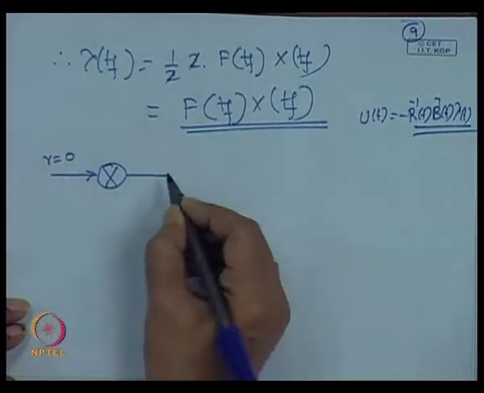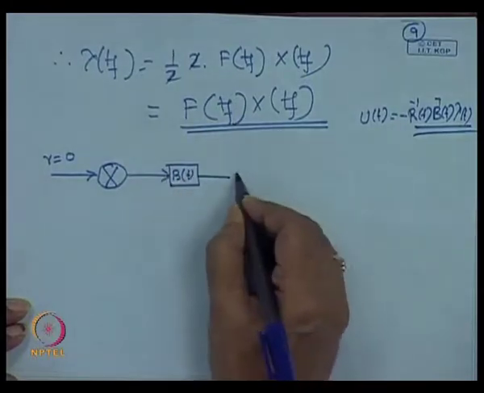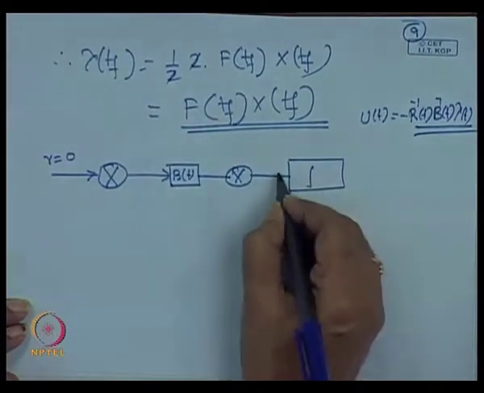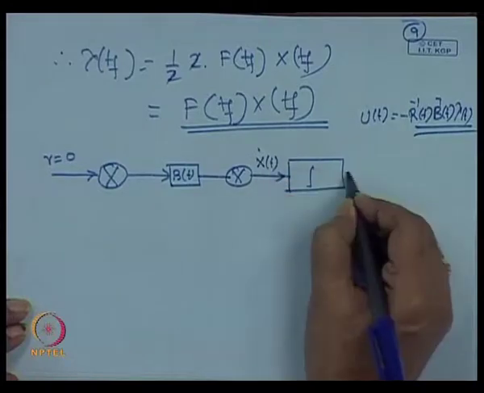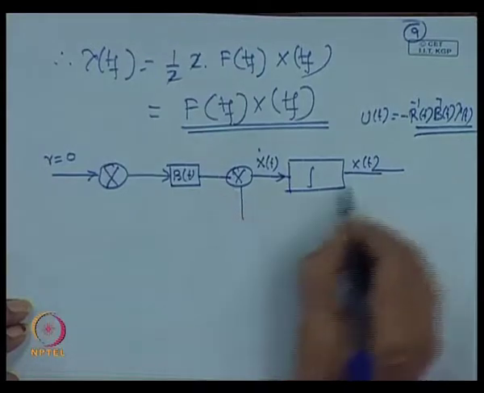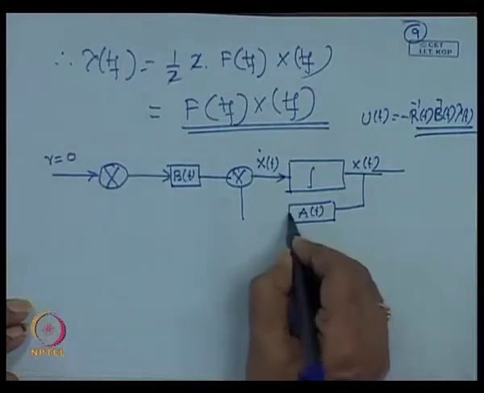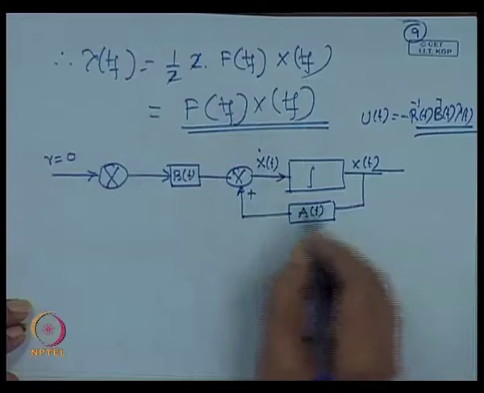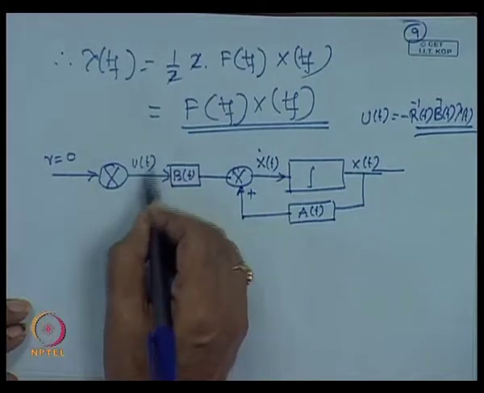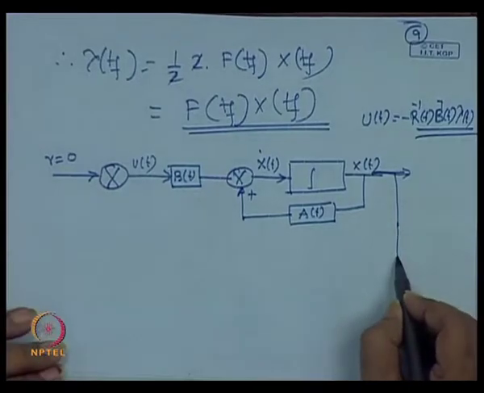This is B of t, this is our summer and this is the integrator, and this is x dot of t, the output is x of t, then this is coming from here the state A of t. If we relate this, x dot is equal to Ax plus Bu, that must be u of t.